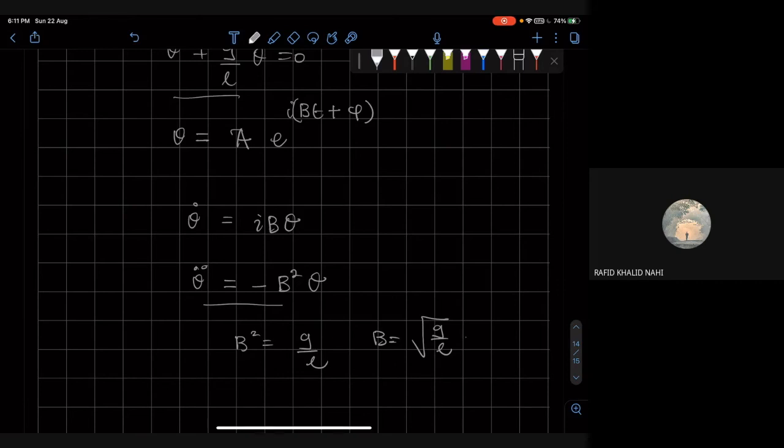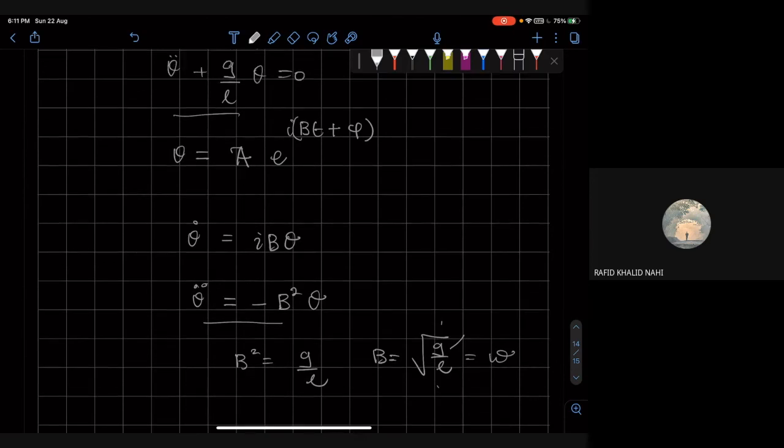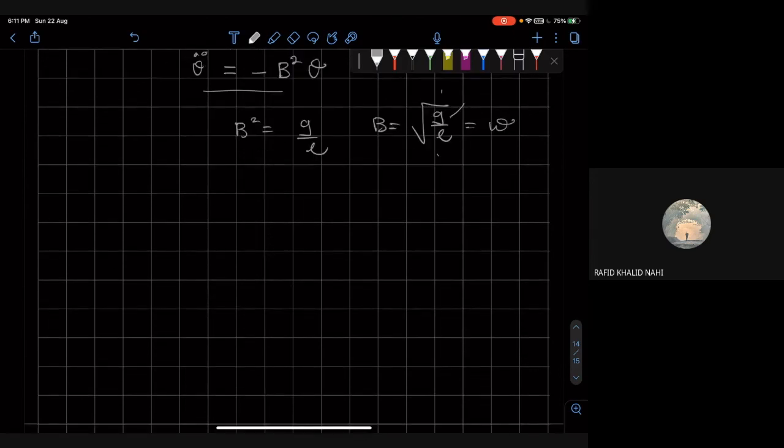Which is also called omega, because it has the dimension of frequency. g is length divided by time squared, and there's a length here, so the length cancels out, and the square root gives you 1 over time. And therefore, we can take the real part to be the solution.